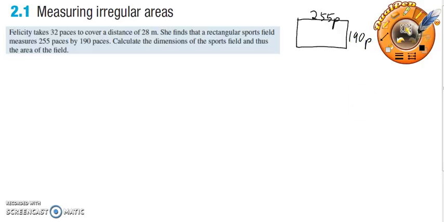It's a rectangular field. So I can't give an answer in paces, okay? So I need to convert this. What we need to look at is her pace length. Now when we are talking about pace length, it's the number of metres that she walks divided by the number of paces.